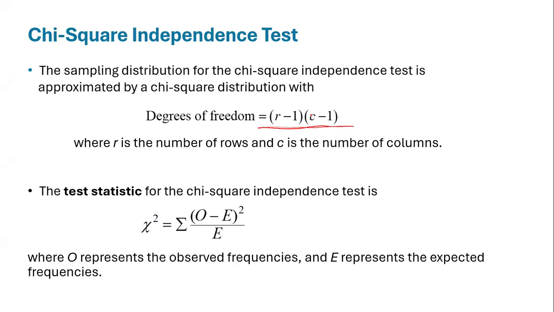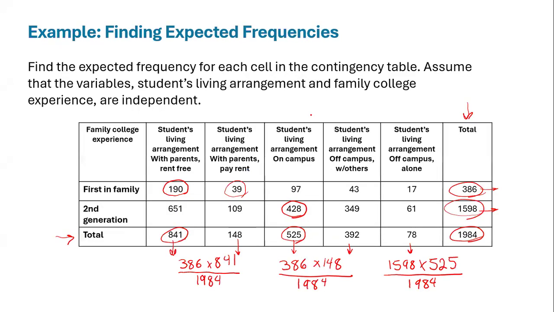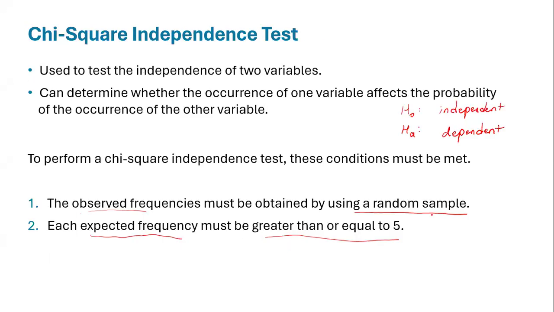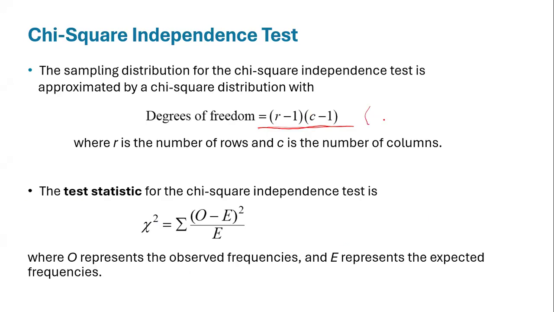If I go back to the previous table, you see that this table has 2 rows and 5 columns. That means if I want to find the degrees of freedom, I have 2 rows, which is 2 minus 1, 5 columns, which is 5 minus 1. 2 minus 1 is 1, 5 minus 1 is 4, and 1 times 4 is 4, so the degrees of freedom for that table is 4.